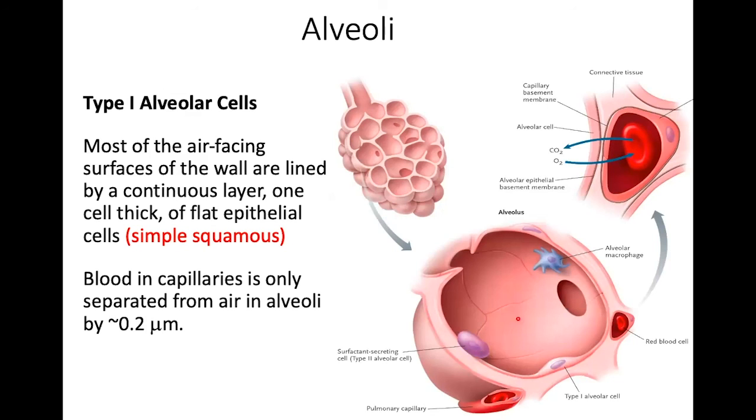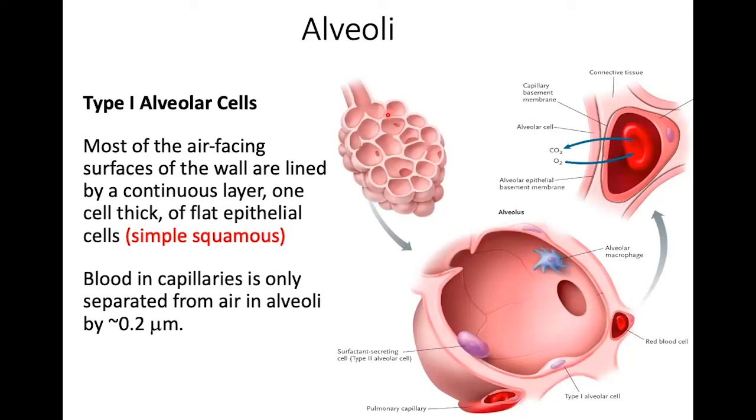Here you can see one type 1 alveolar cell, and another, and another. So all of the simple squamous epithelial cells that make up the actual structure of the alveoli are known as type 1 alveolar cells.